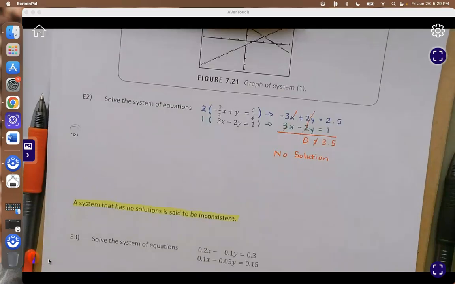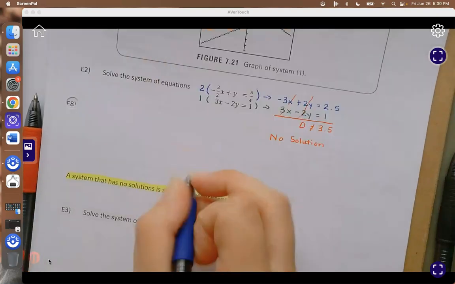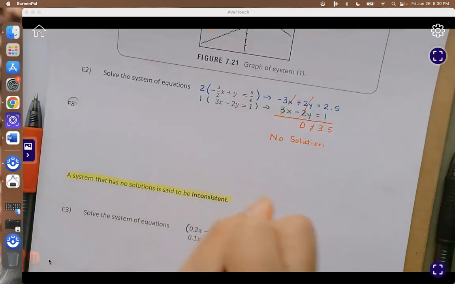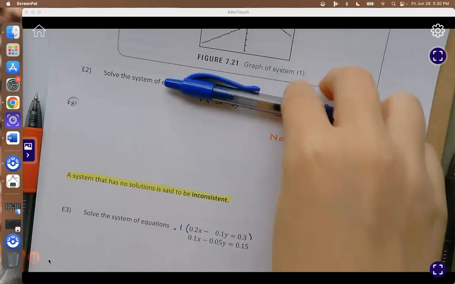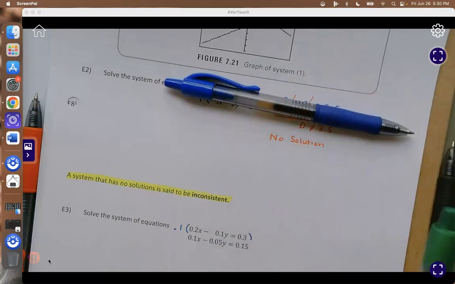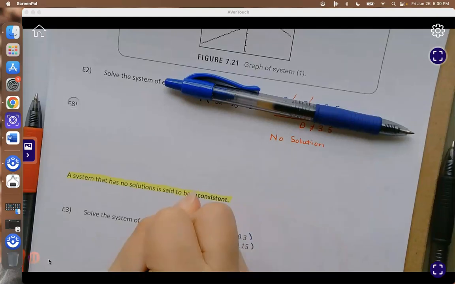All right, let's look at this one. Those of you that are not big fans of decimals, you might want a little bit of help with this one. So I'm going to multiply this one by 0.1, and I'm going to multiply this one by negative 0.2.